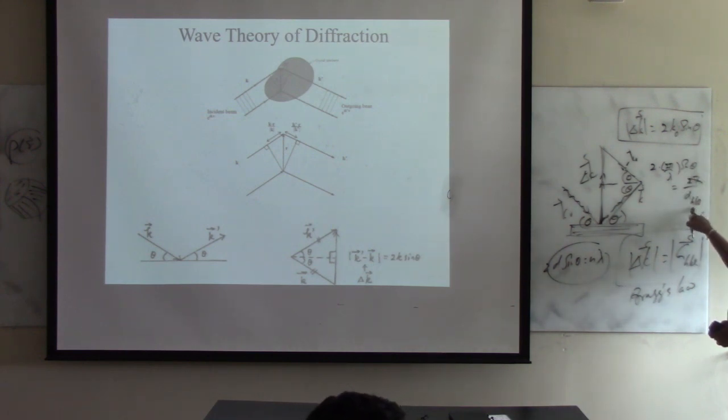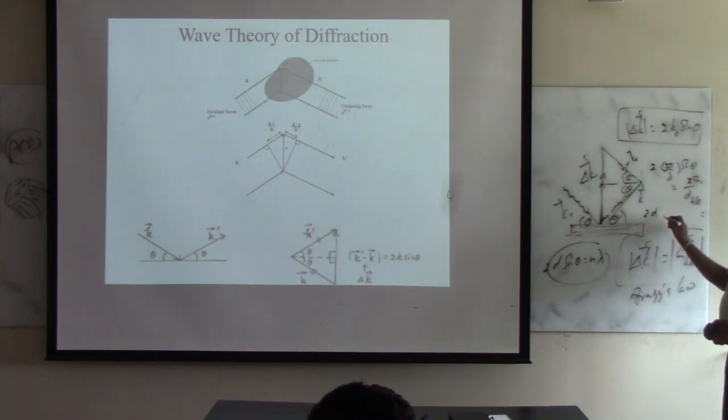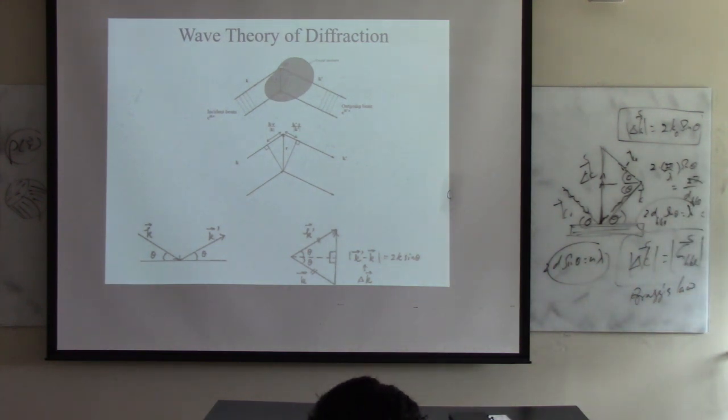What you get is 2d sine theta equals lambda. You get the same answer, right? 2d_HKL sine theta equals lambda. Yes, you get the same answer, right? So we'll show this one later. But what I'm going to say is this delta k is nothing but actually G.